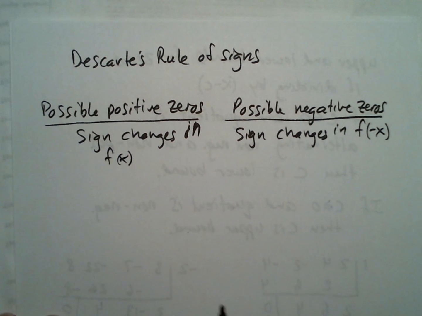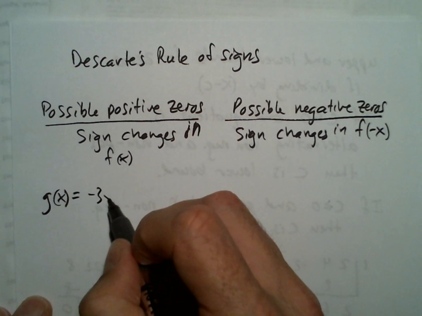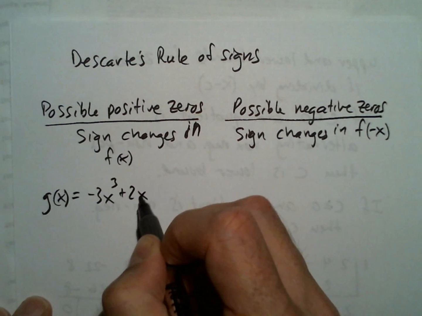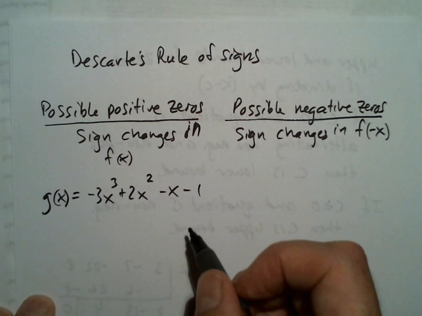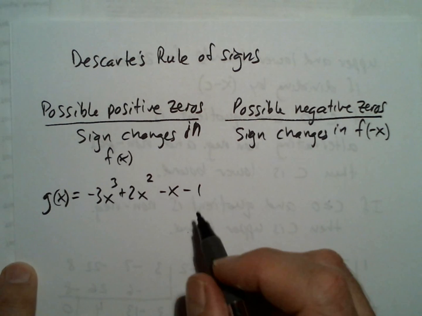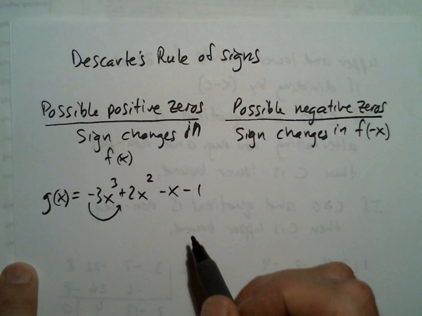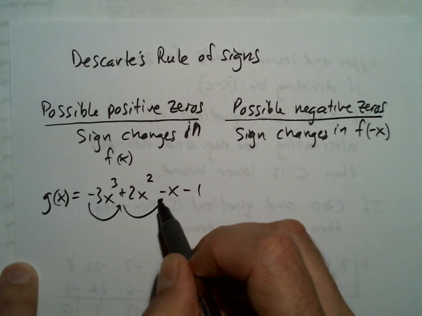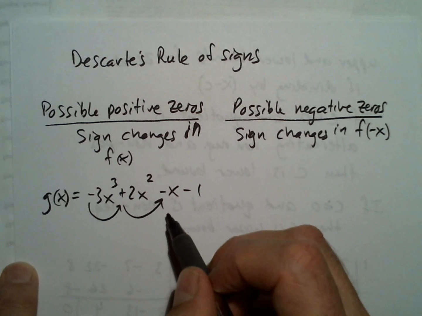So here's how it works. If we have g of x and we look for the number of sign changes: negative to positive, that's a sign change; positive to negative, there's another sign change; negative to negative, no sign change.